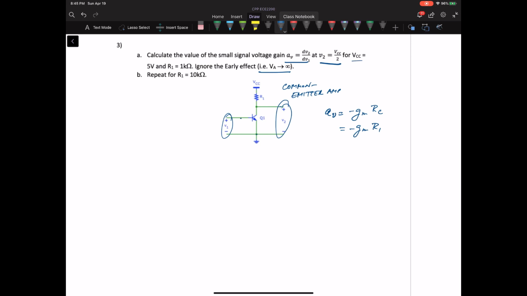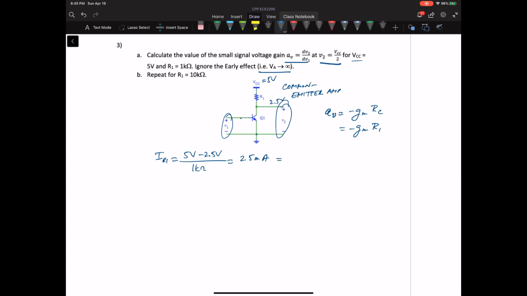That means we know the current through R1: 5 volts minus 2.5 volts over R1, which is 1 k ohm. So that is 2.5 milliamps.